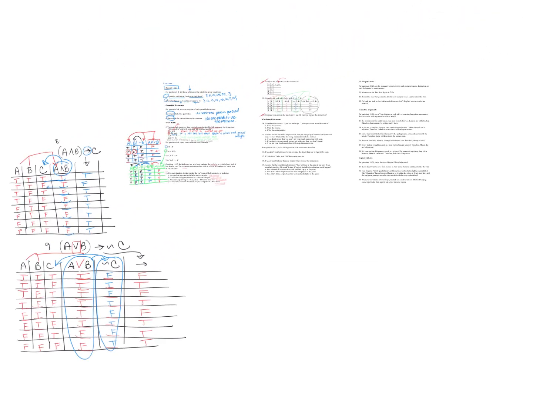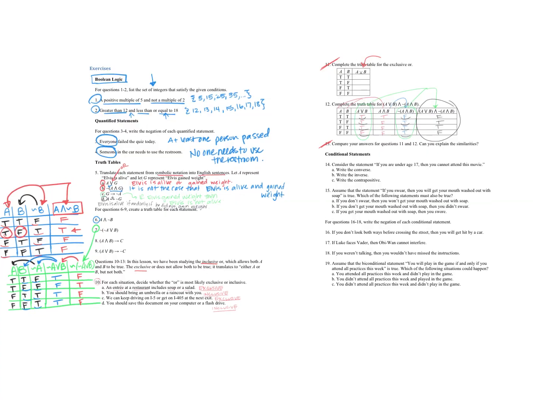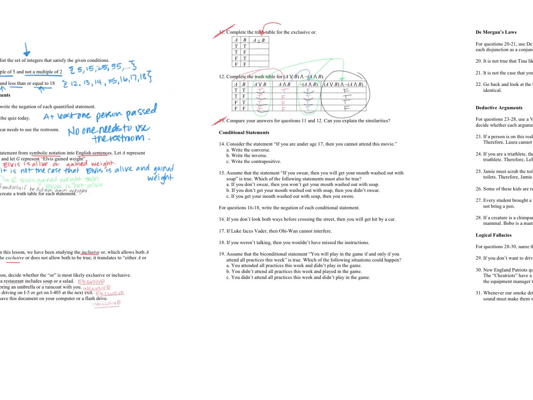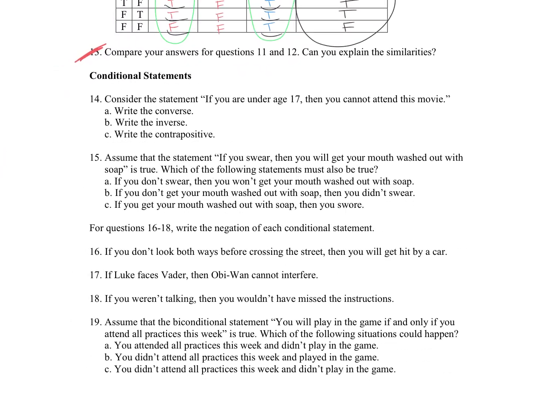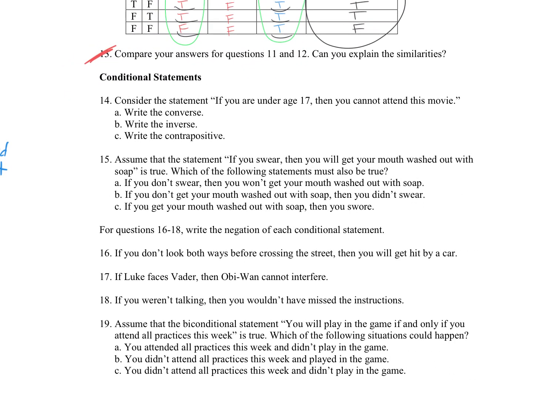All right, going back over here. So we finished all those truth tables. We're going to skip on over to question 14. In question 14, we want to consider the statement, if you're under age 17, then you cannot attend this movie.